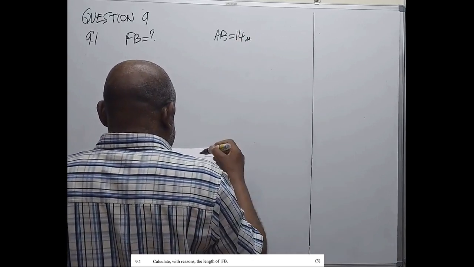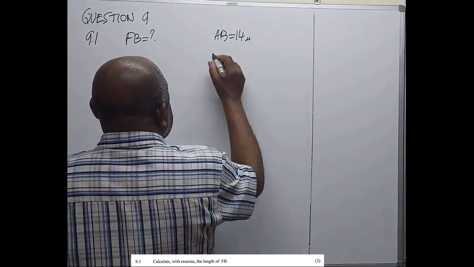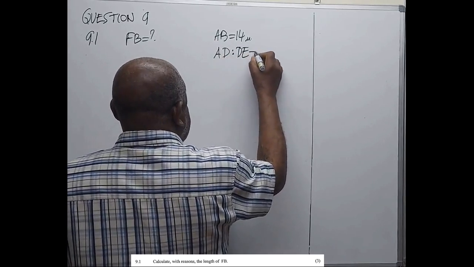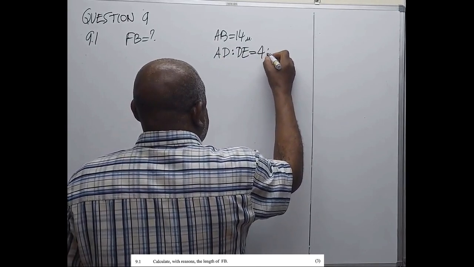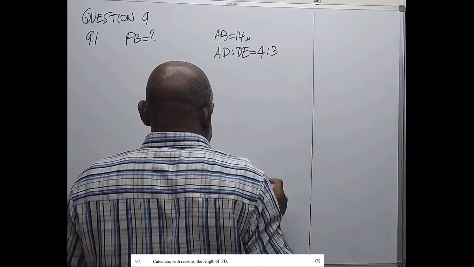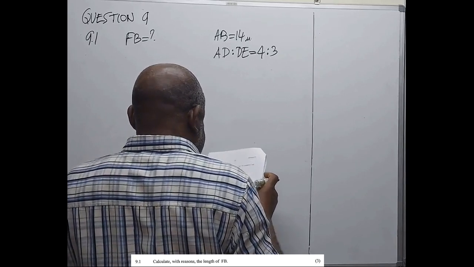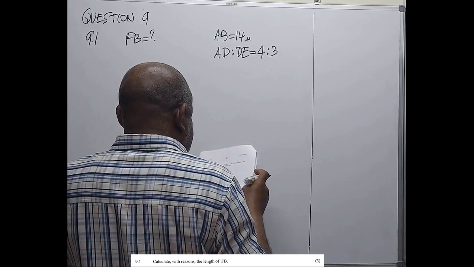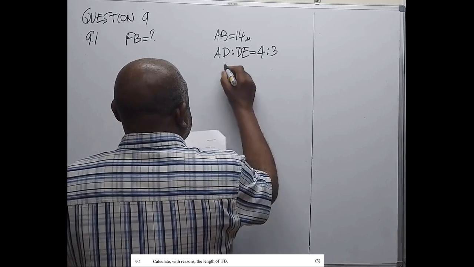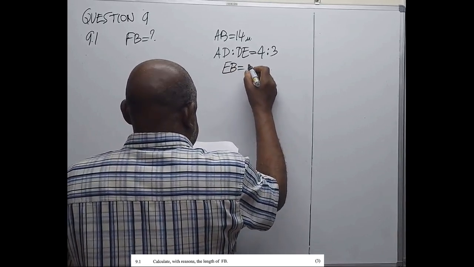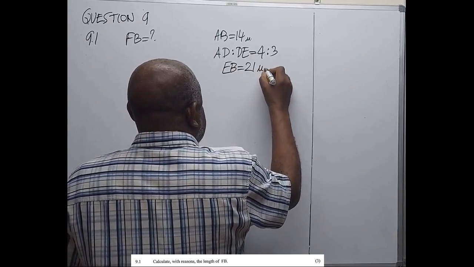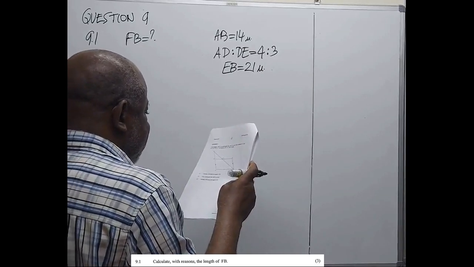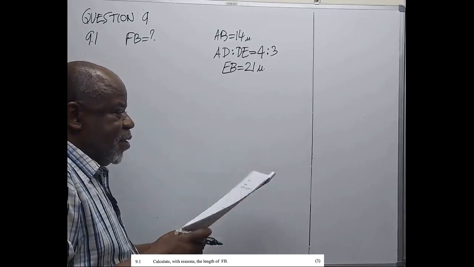AD is produced to E such that AD to DE is in the proportion of 4:3. EB intersects DC in F, and EB is equal to 21 units. The question now is to calculate with reason the length of FB.